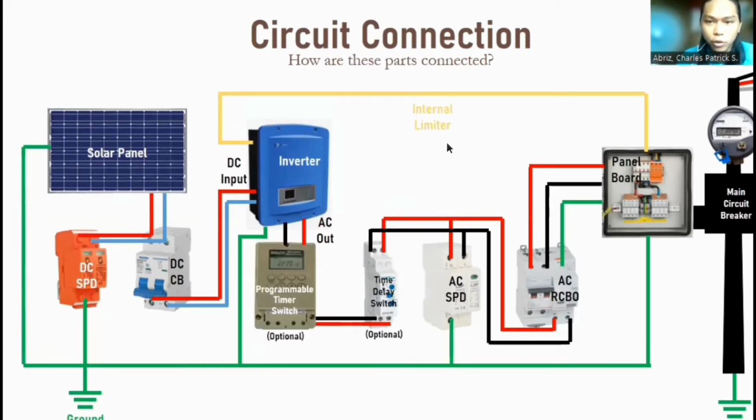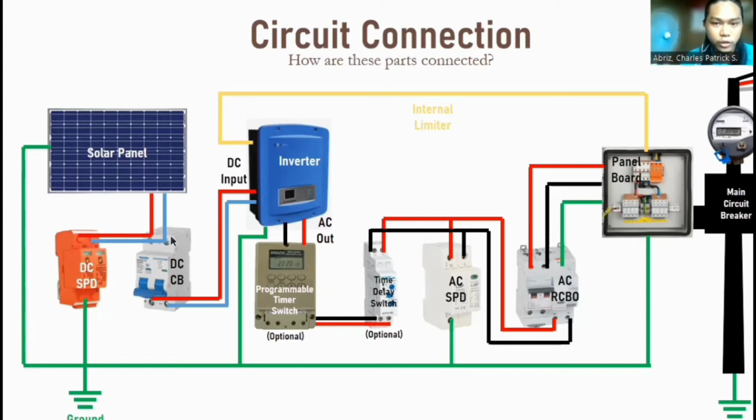So we see more components in the circuit with the addition of time delay switches, both manual and programmable, and a limiter. Starting with the solar panel, the wires must be connected to the positive and negative of the DC circuit breaker.